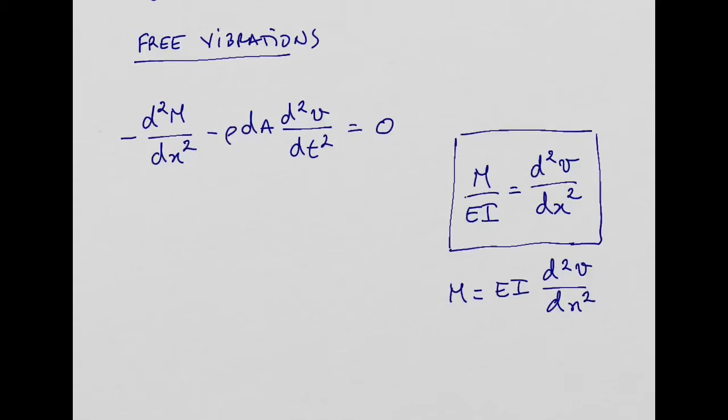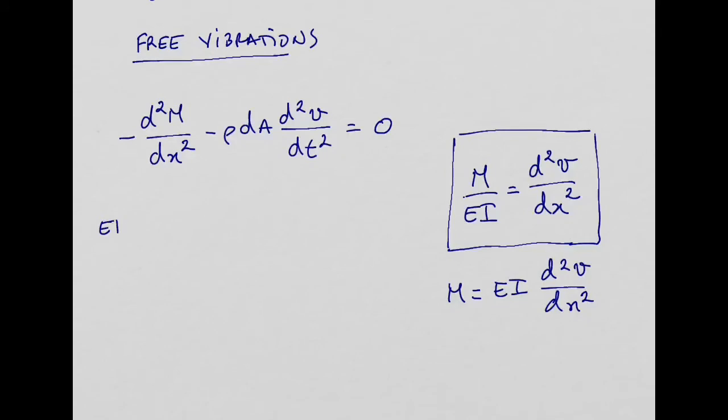All right, let's replace that. So if I replace, we will have EI, now I will have the fourth derivative of the deflection in order to x. I also multiplied left-hand side and right-hand side by -1.